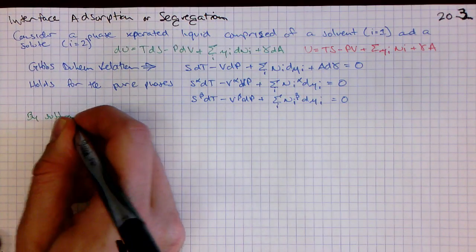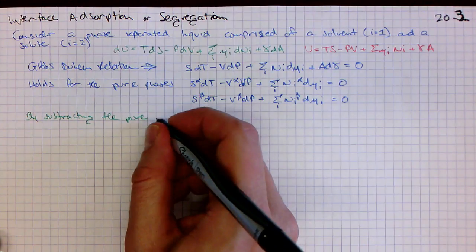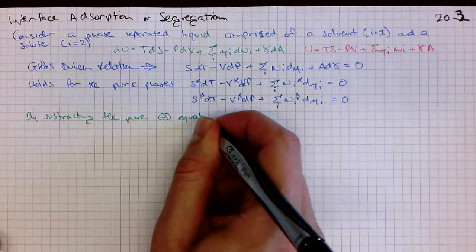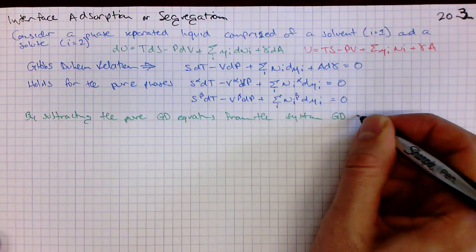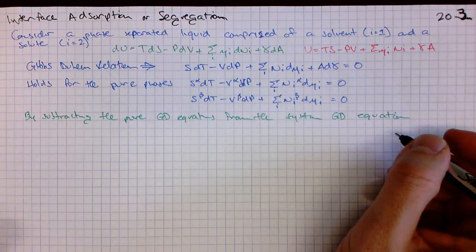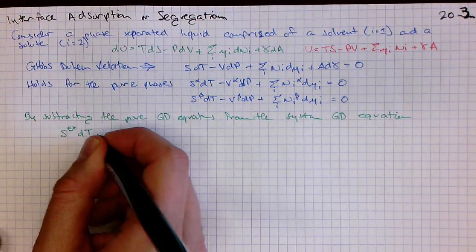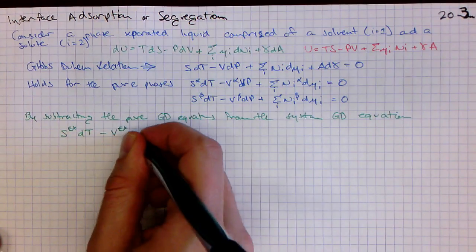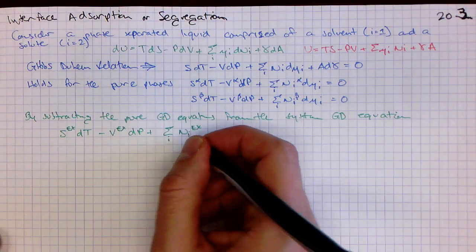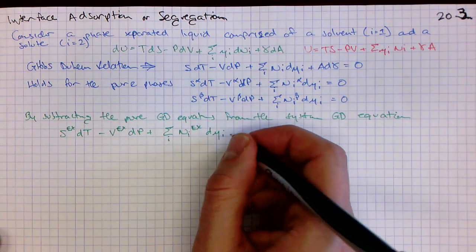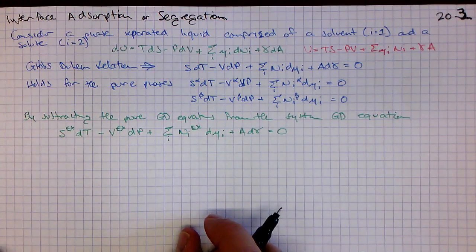By subtracting the pure Gibbs-Duhem equations from the system Gibbs-Duhem equation, we get that the excess entropy, dT, minus the excess volume, dP, plus sum over i, the excess numbers of species, d mu_i, plus A d gamma has to equal 0, according to Gibbs-Duhem.